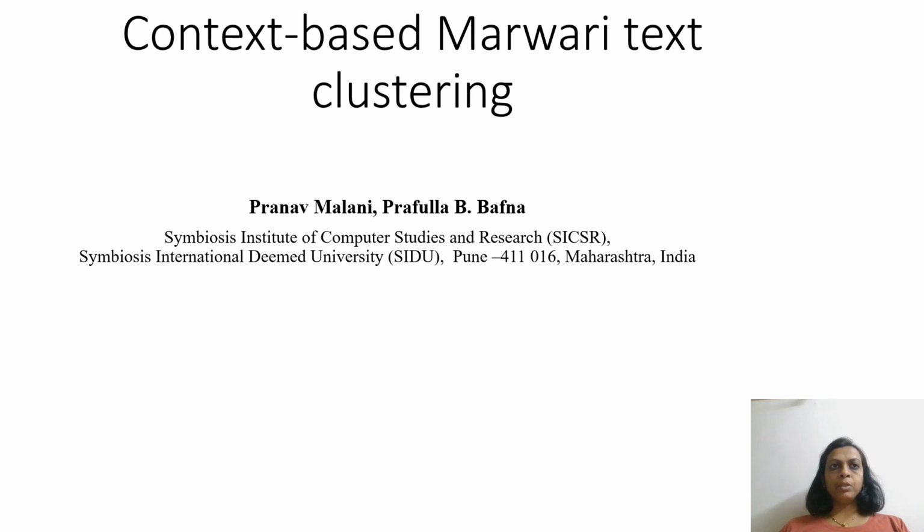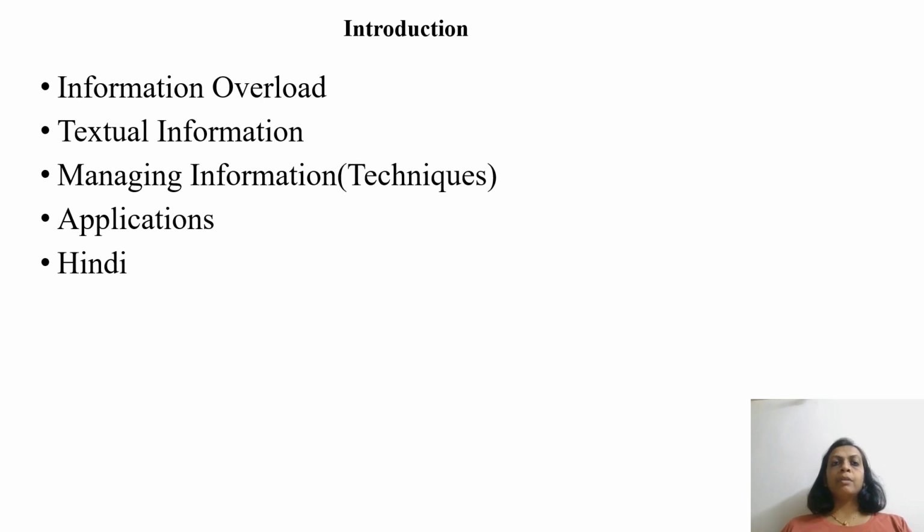When we are talking about context-based clustering, first let's understand the need for context-based text clustering and what it actually means. If you see on the internet, we get lots of textual information, and this creates information overload.